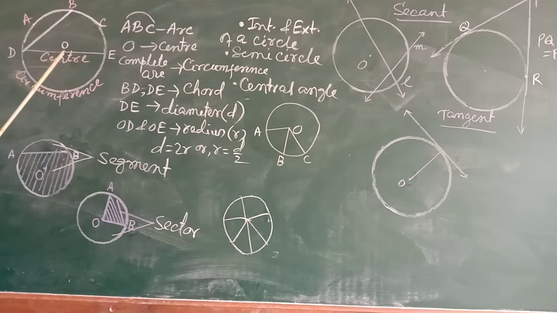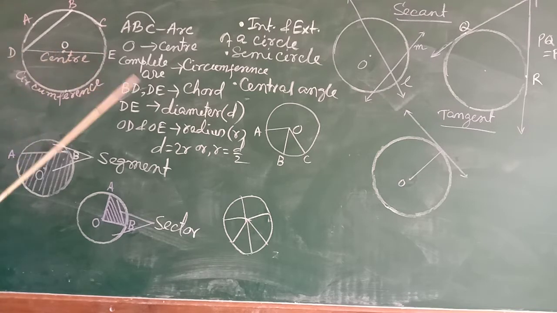Now let us see what is called diameter. Diameter means a line segment drawn through the center to both the endpoints of a circle. That means through the center, a line segment is drawn from one point on the circumference to the opposite point on the circumference.